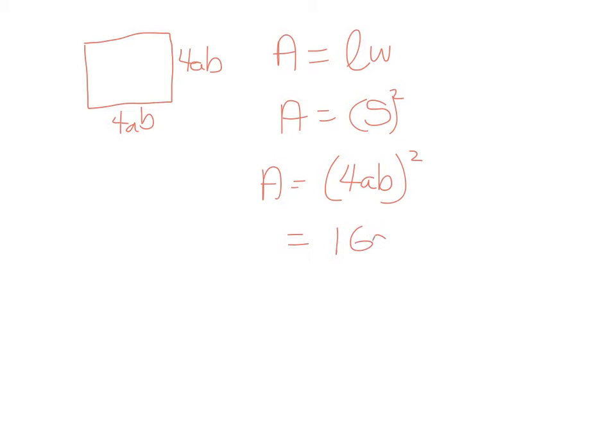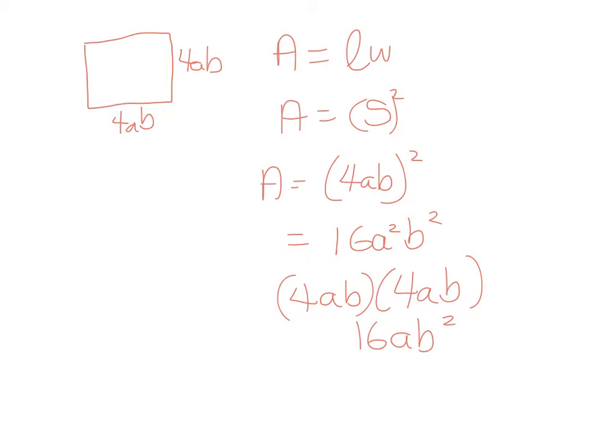That would be 16a squared b squared, which would be the same as multiplying 4ab times 4ab, still 16a squared b squared. And for both of them, if you're finding area, you're always going to have units squared.